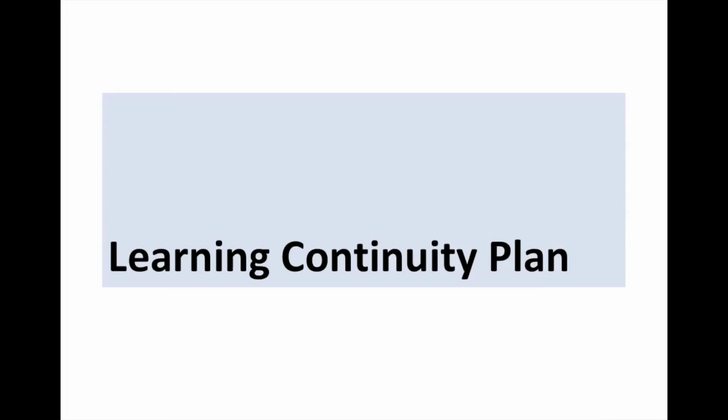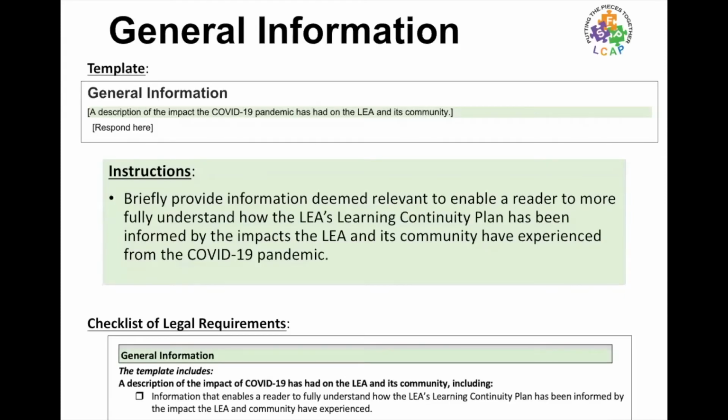Next slide, please. First in the template, LEAs are asked to provide some general information. The focus here is to provide information that will provide some context for readers to better understand how the Learning Continuity Plan was developed, informed by the impact that COVID-19 has had on the LEA and the community. We see this as two parts.